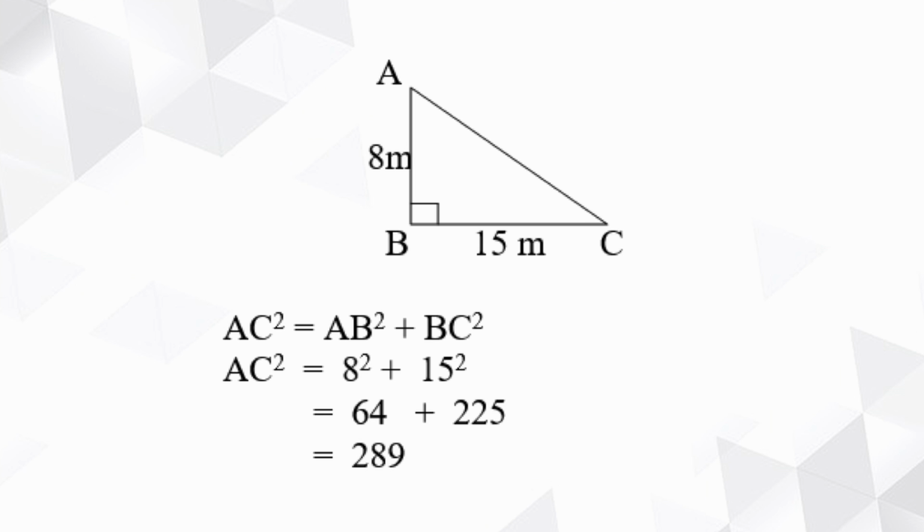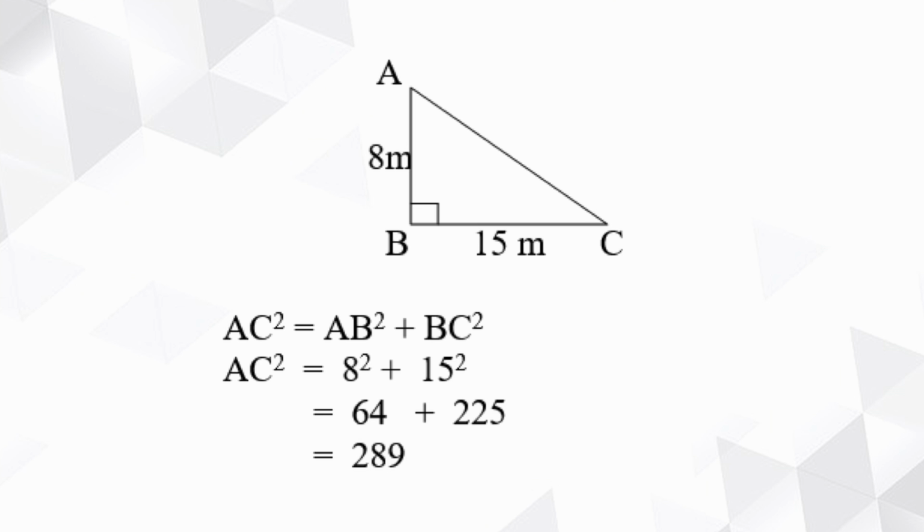Now we just replace the letters with the numbers. AC squared is equal to 8 squared plus 15 squared, and that is equal to 64 plus 225, which is equal to 289.